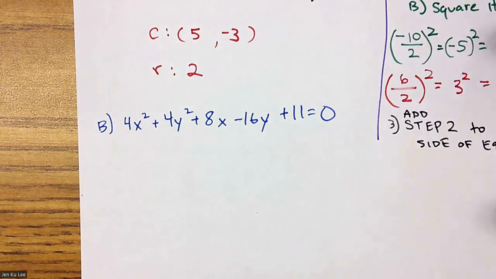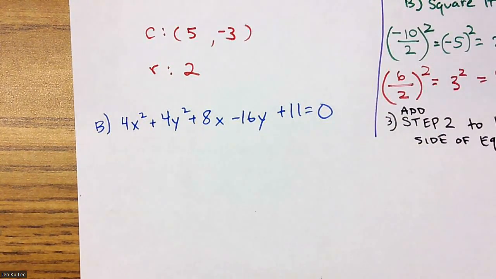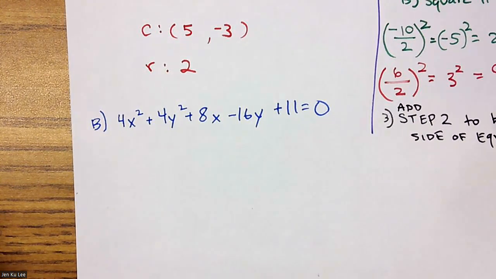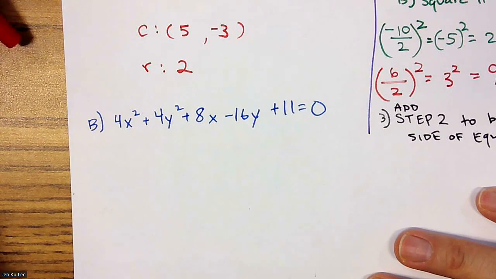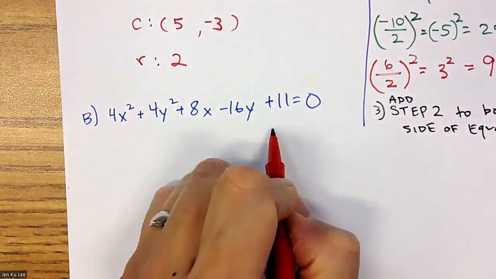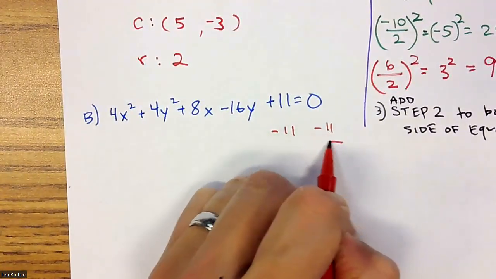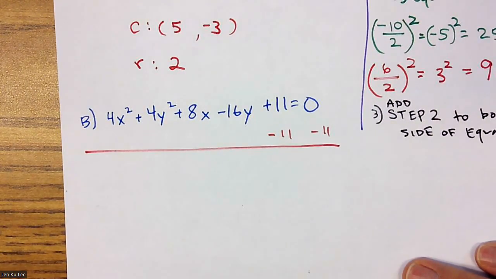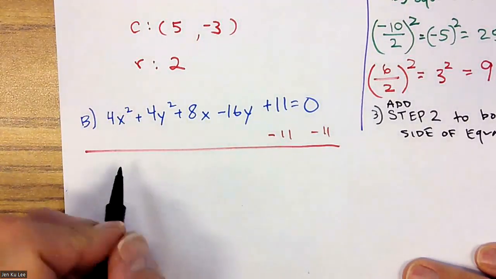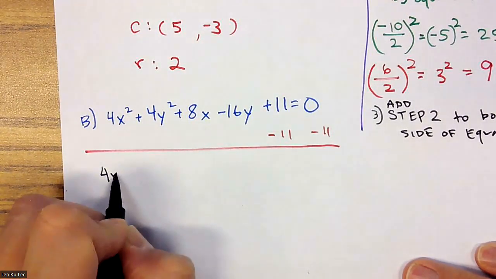Let's do one more. So again, the first step here is to make one side equal or carry that constant over to that side. So it's going to be 4x squared.